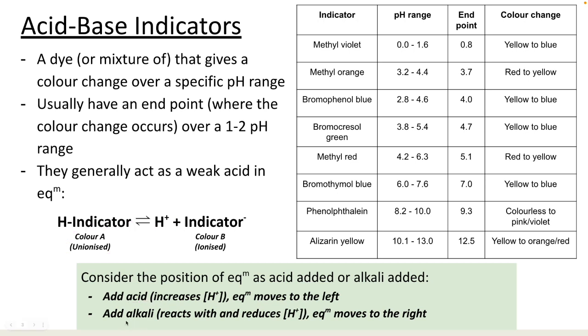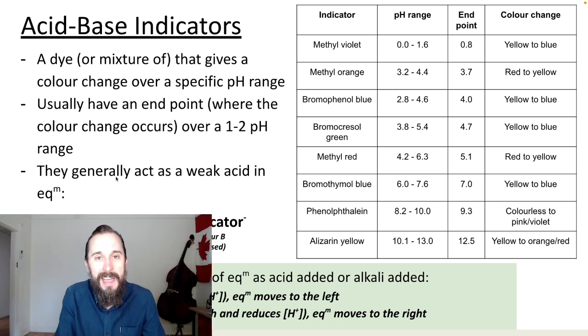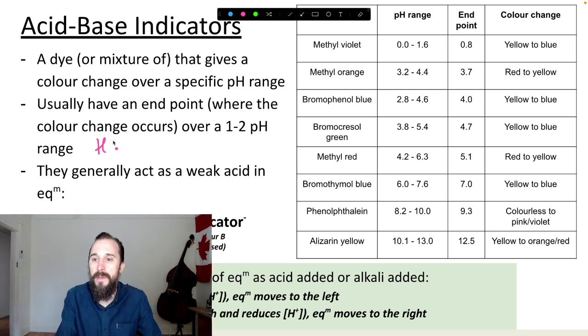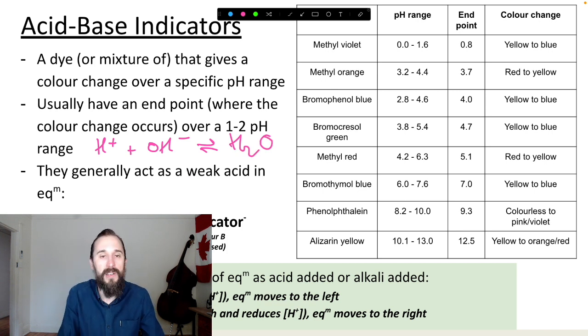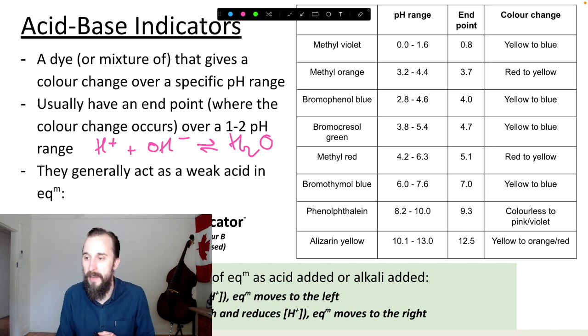If we're adding the alkali, we describe the Brønsted-Lowry definition of alkali as proton acceptors. If you imagine H+ and OH- reacting, and we're forming H2O, well, if you're adding alkali or base, I'm using them a little bit interchangeably. All alkali are bases, all bases aren't necessarily alkali.